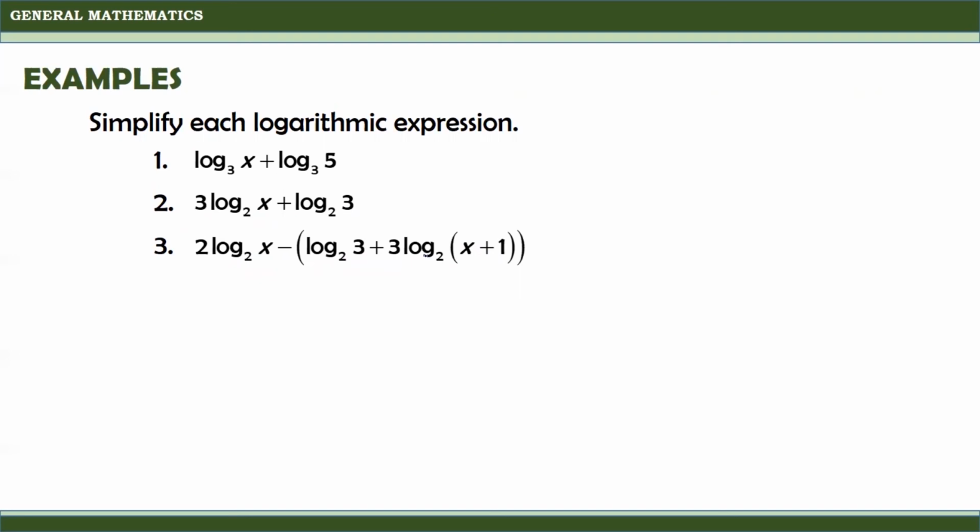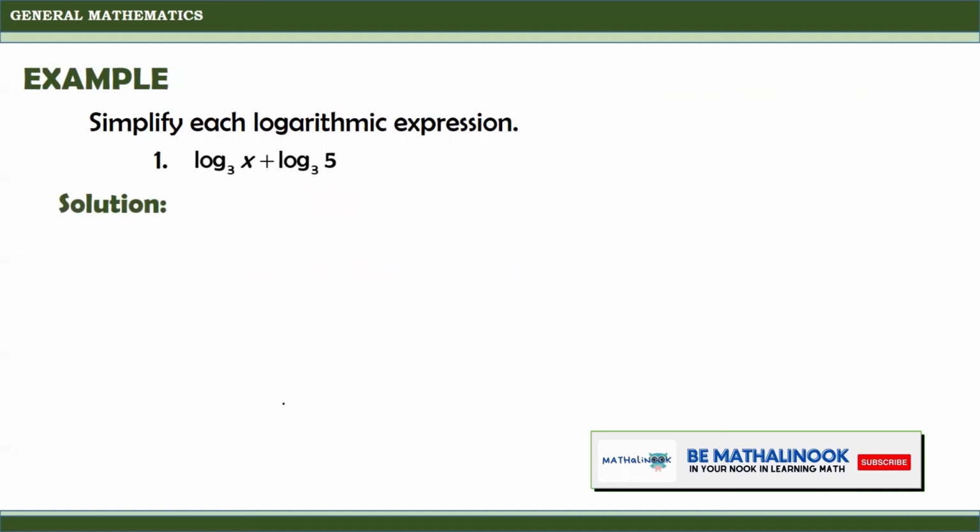Let us solve these examples one by one. For the first given, we have the logarithm of x to the base 3 plus the logarithm of 5 to the base 3.